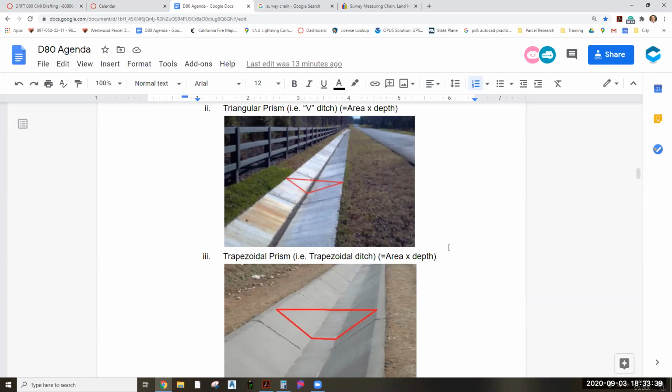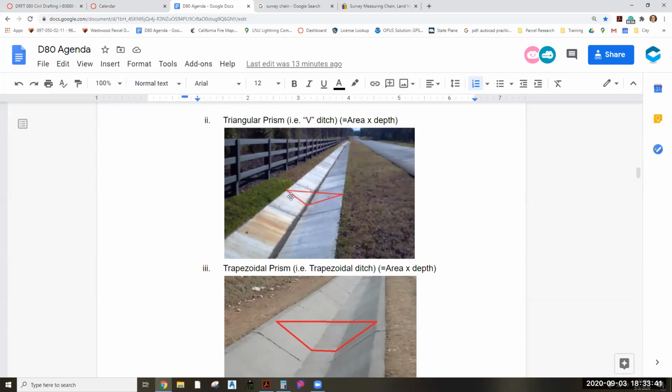But if you use your imagination and you look at this triangle here, and you would draw another triangle back here somewhere, it would physically be a triangular prism type shape, a 3D shape. So we use that idea to figure out how much water a drainage ditch could hold before it overflows.